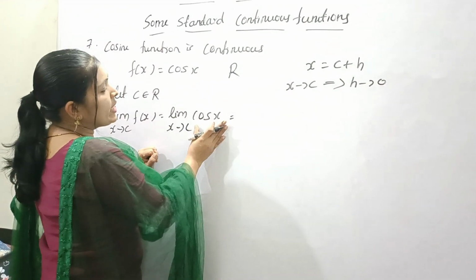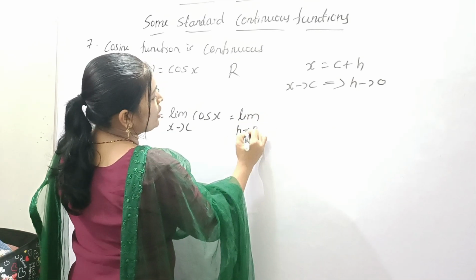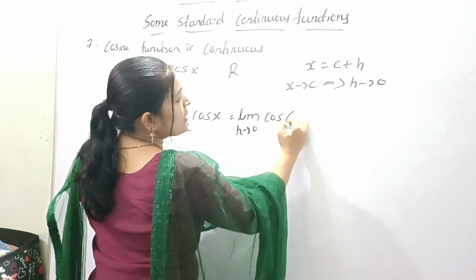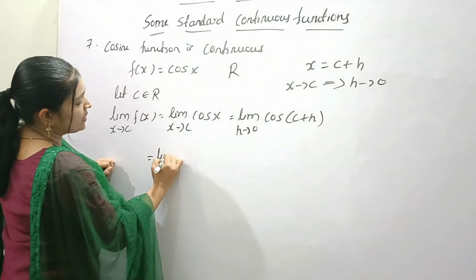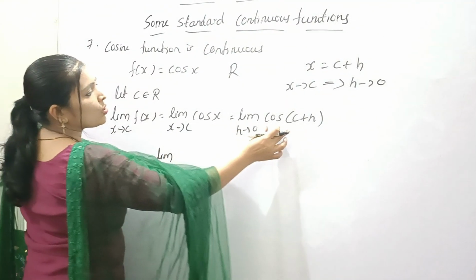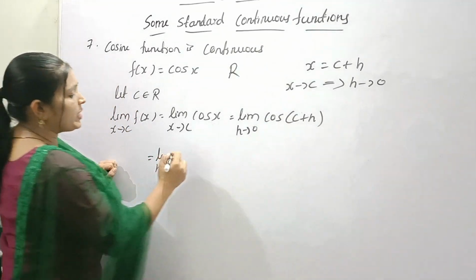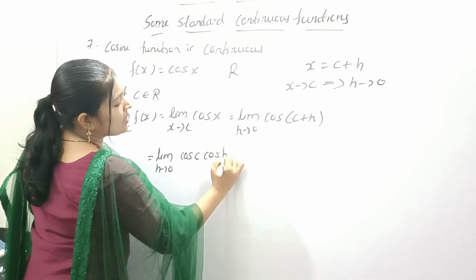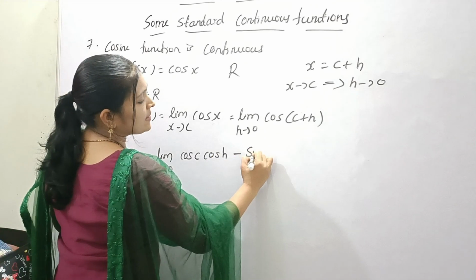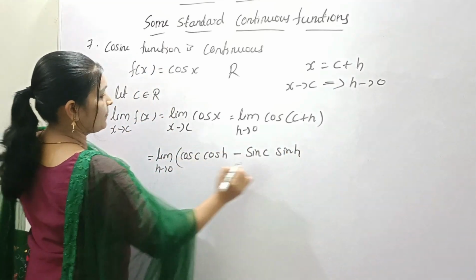So limit x tends to c cos x is equal to limit h tends to 0 cos(c plus h). It is of the form cos(a plus b), and cos(a plus b) is cos a cos b minus sin a sin b.